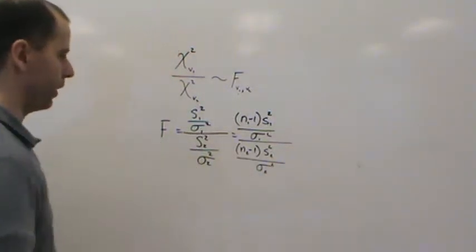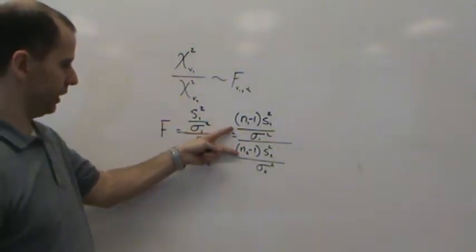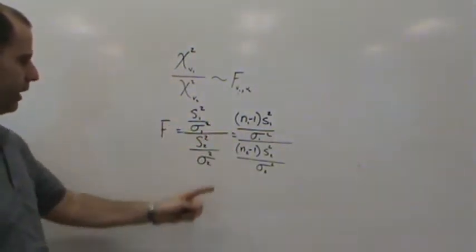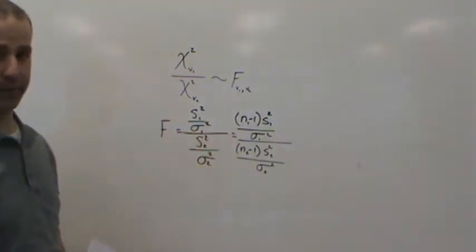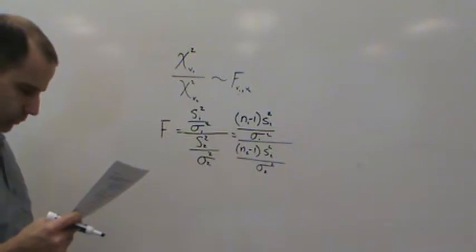That's where this is derived from. So we take two chi-squared random variables, and we can get this. Here, this assumes that we have the same sample size for each one.